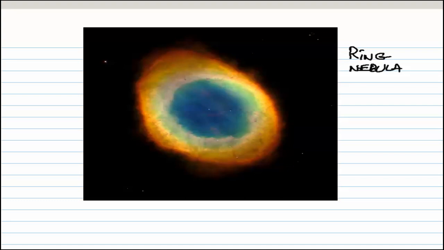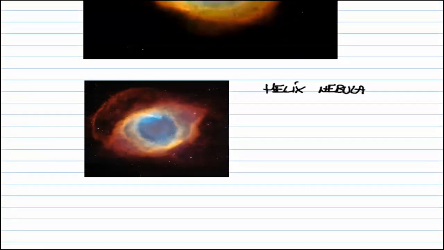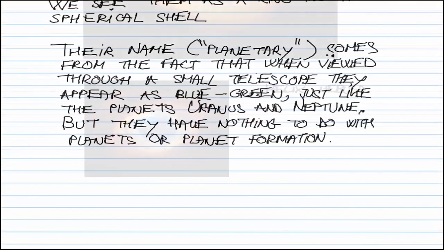And then let's look at another one, and this is the Helix Nebula. The reason they are called planetary nebulae is because when you view them from a small telescope, these images that I've shown were obtained through quite powerful telescopes.